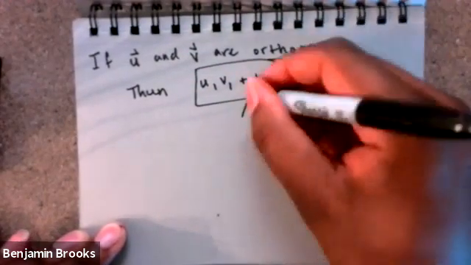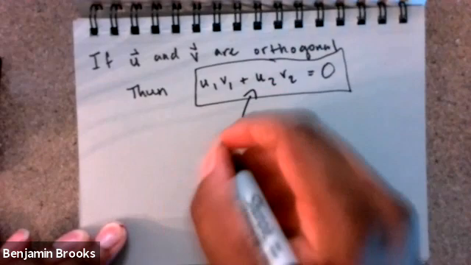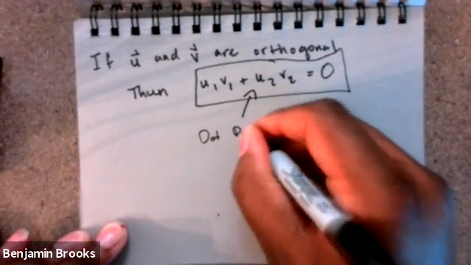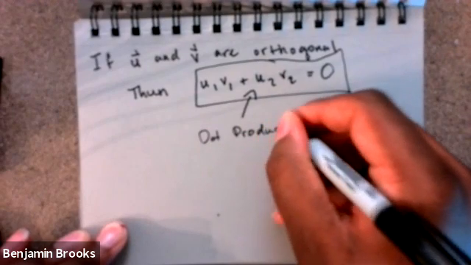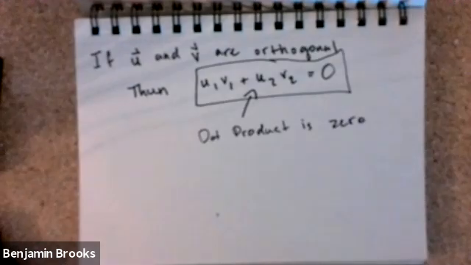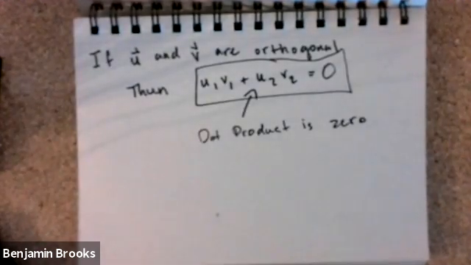And this right here, of course, we could say is the dot product, is 0.